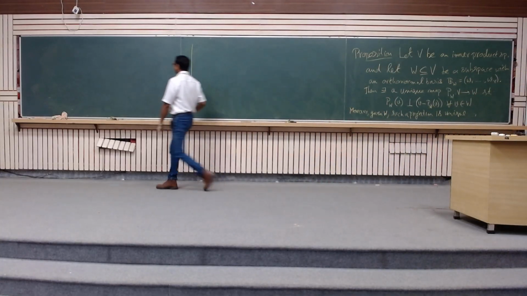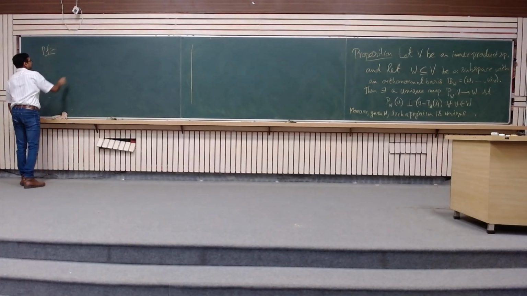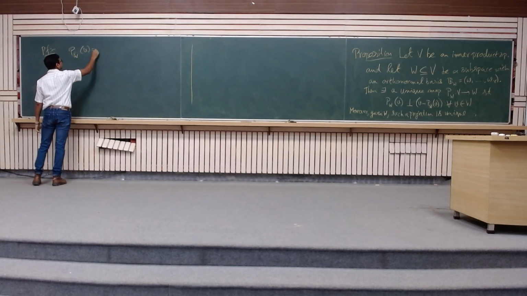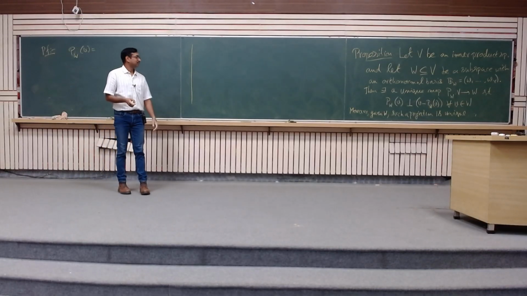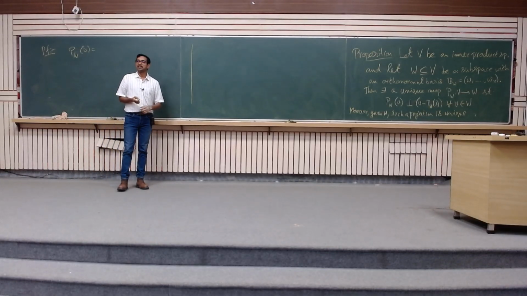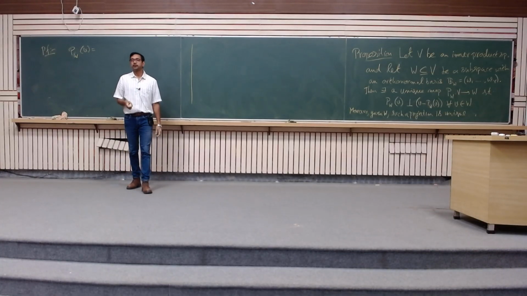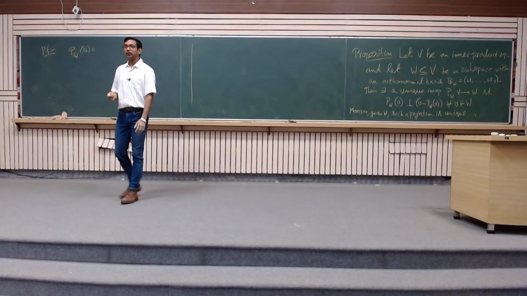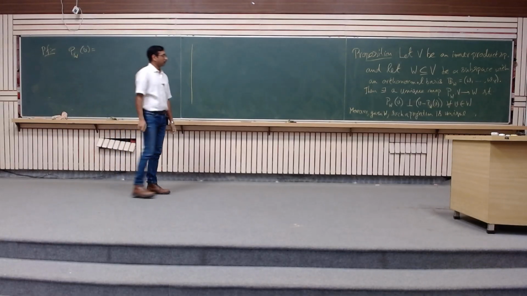Okay. So at first, this map P, let's define it. Define P_W as, well, as what? This has something to do with the last theorem that we did. What do we have in hand?